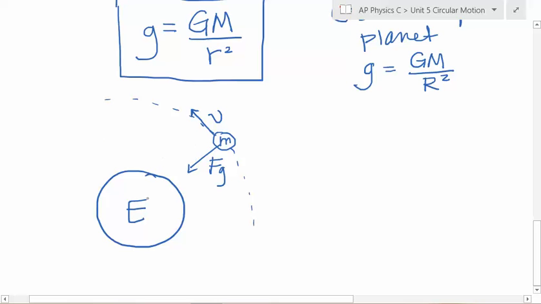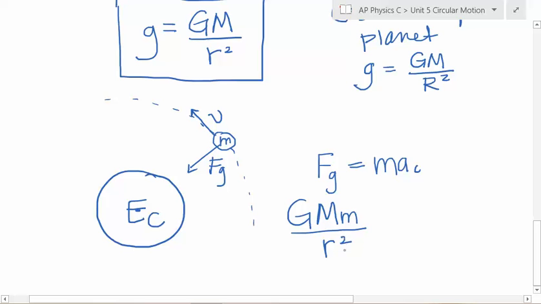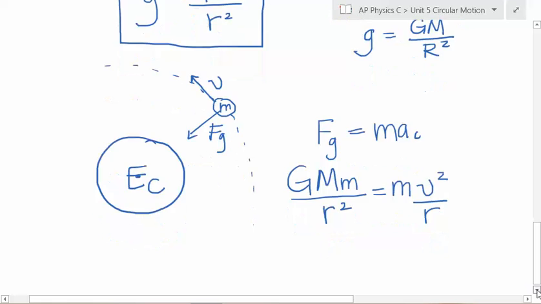So anyway, this force is pointing towards the center. That means the gravitational force is centripetal, which means that capital G, mass of the planet, mass of the moon, over the distance from the center of mass of the Earth to the center of mass of the moon would be equal to the mass of the moon, or the small orbiting object, times v squared over r, where r is still the center-to-center distance.